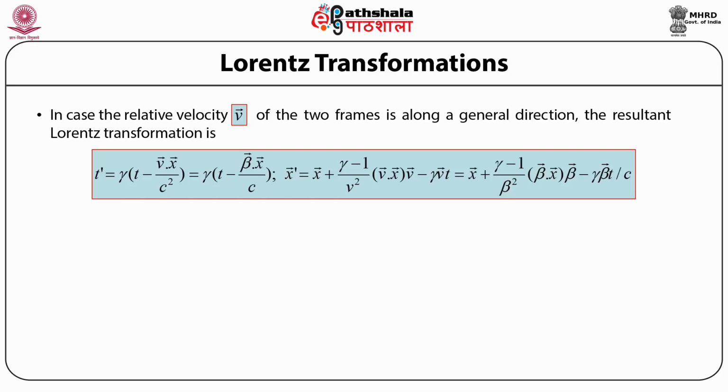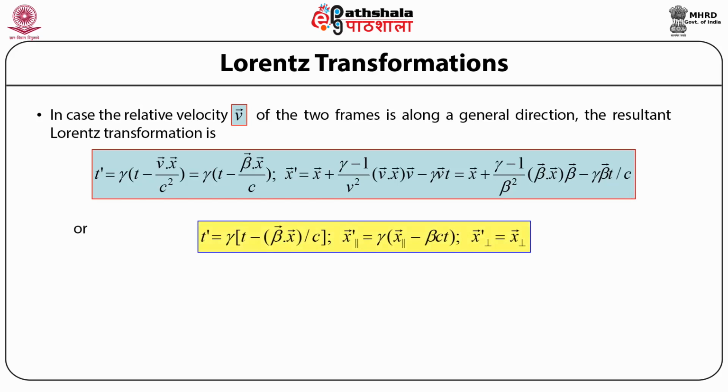And we can then further write this as t prime is equal to gamma times (t minus (vector beta dot vector x) upon c), vector x prime parallel, that is along the direction of the relative motion, is equal to gamma times (vector x parallel minus beta times c times t), and vector x prime perpendicular is equal to vector x perpendicular.